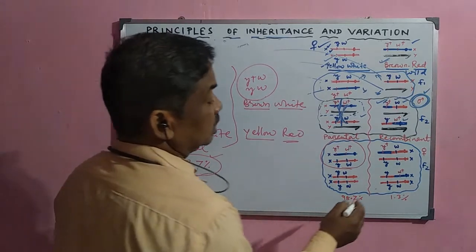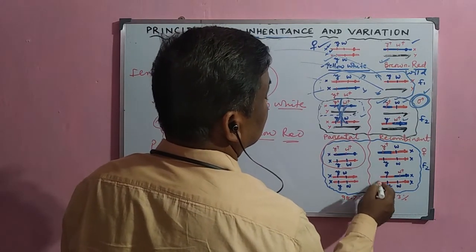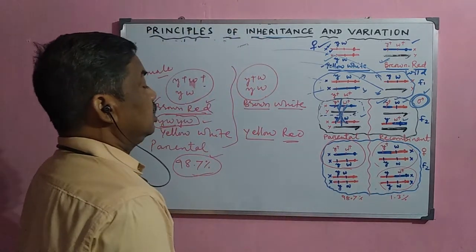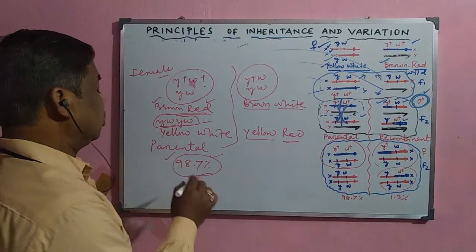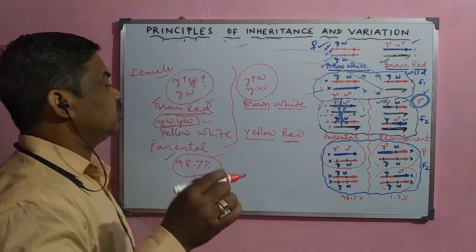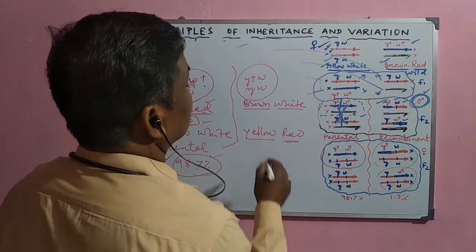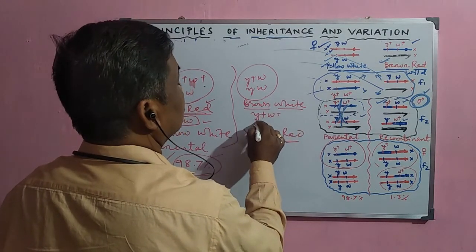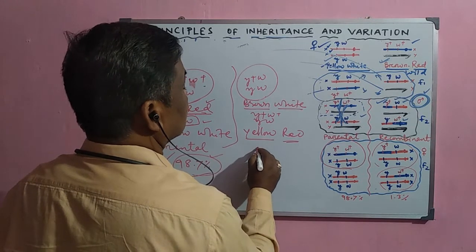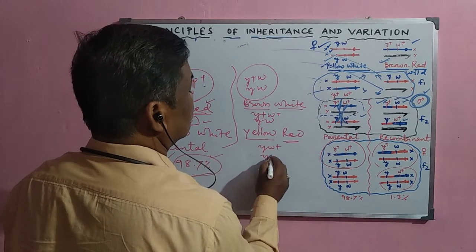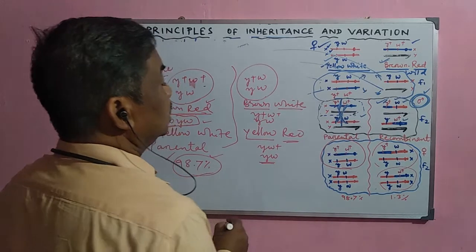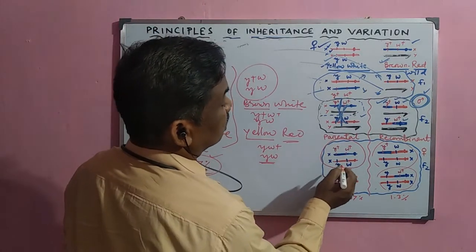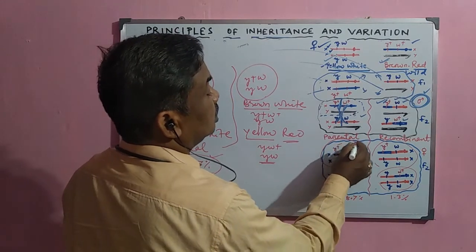This type of combination also observed in the F2 generation in case of female. So here the parental type, of course, is much more, 98.7%, but these combinations, Y plus W and YW plus, are formed here only due to recombination of these genes.